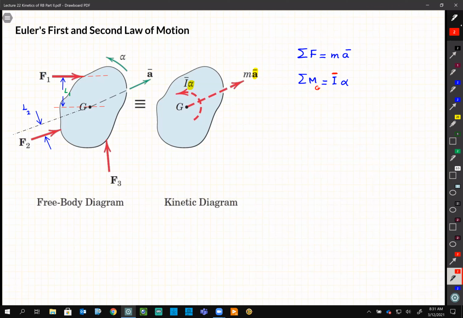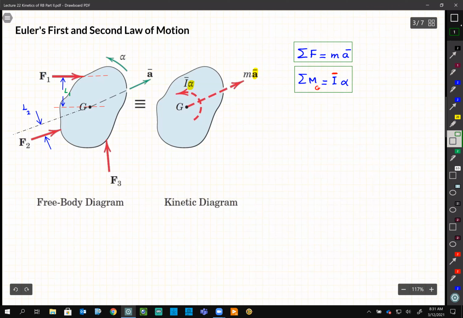And this is the second law of Euler. So that's his first law, and this is his second law. Okay. Seems simple. That's all. And the rest of this lecture is just using these two equations to solve problems.